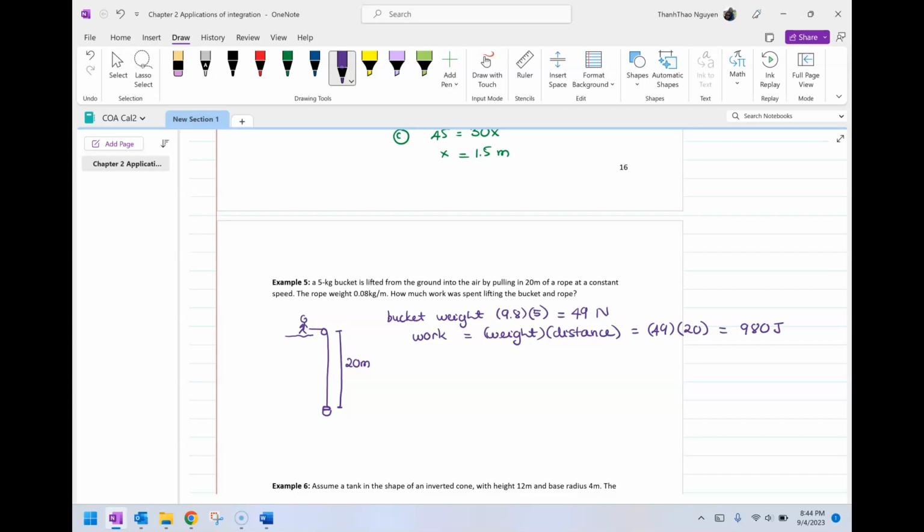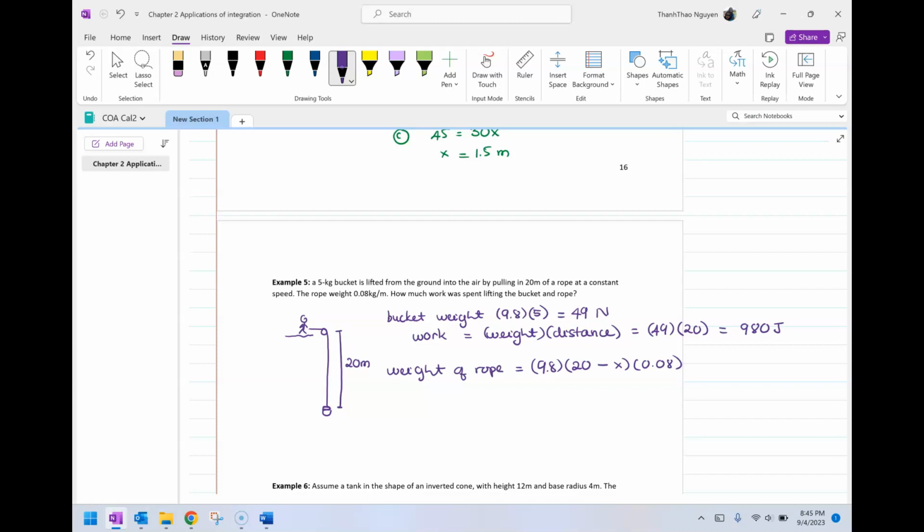So the weight of the rope is equal to 9.8 times 20 minus x, that's the distance, times 0.08.